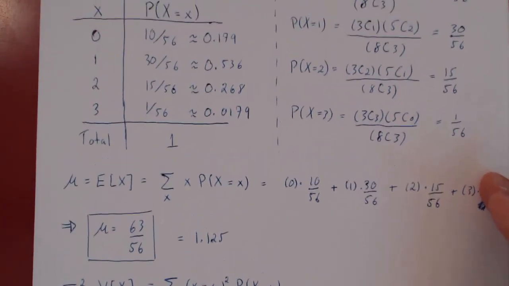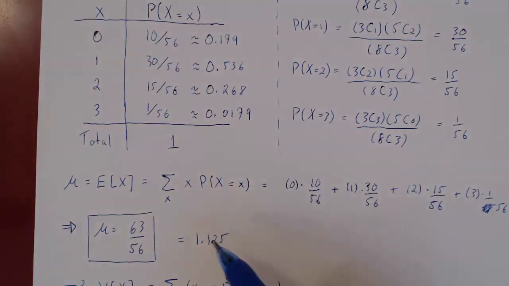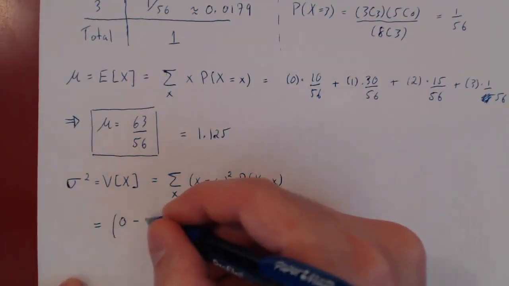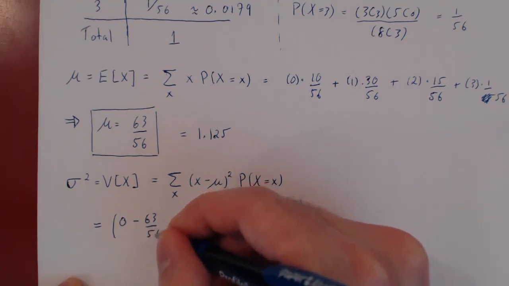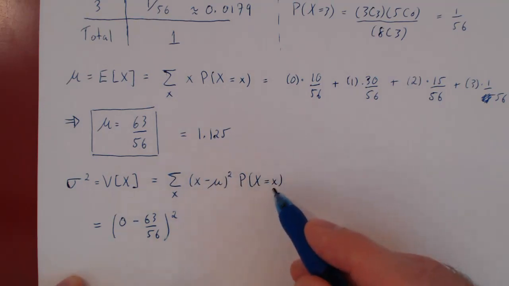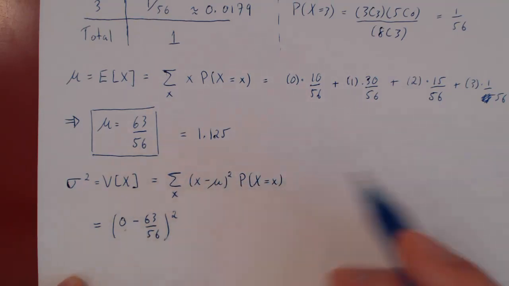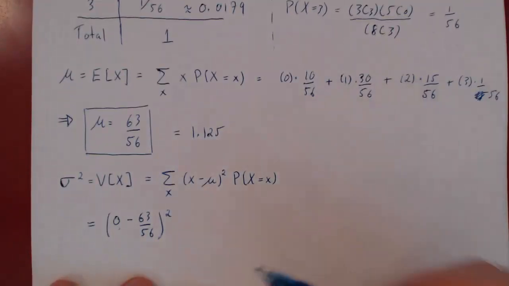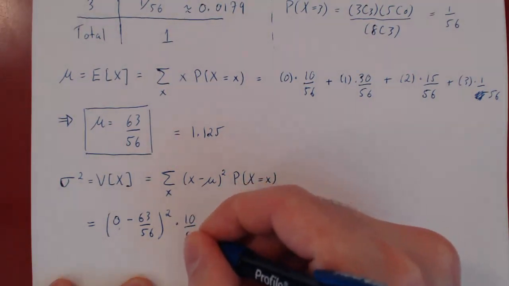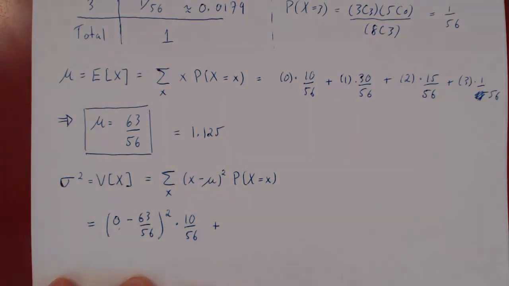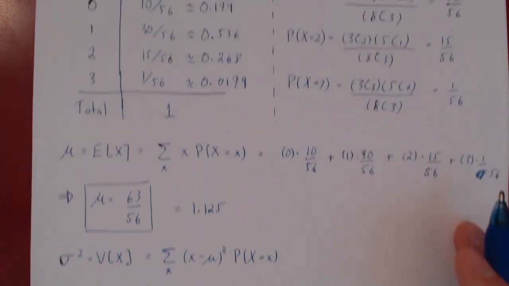So we look up and we say, well, what's the first value? It is 0. So 0 minus the mean squared. So 0 minus the mean, 63 out of 56, all squared. So that's this term, times the probability of observing an x value of 0. Well, the probability of this was 10 out of 56. So times 10 over 56. Let's keep going. Plus the next x value when x is 1.